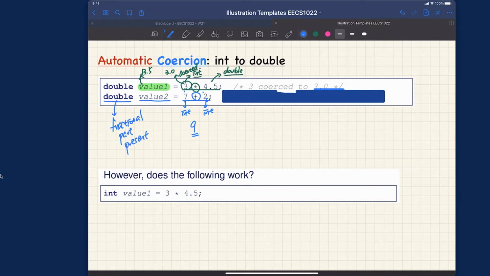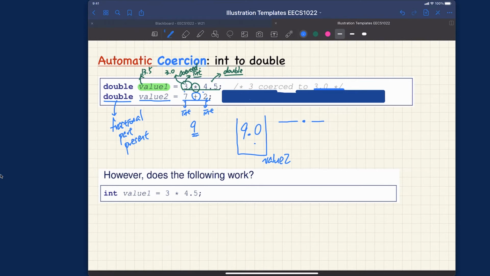So fractional part is always present. That means when you create this particular box for value2, whatever value you store over here must have the form integral part, point, fractional part. Now we only have 9, so what should we do? Easy. The integral part will be 9, and the fractional part we'll just say 0.0.